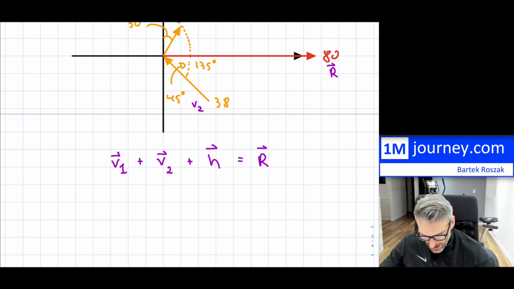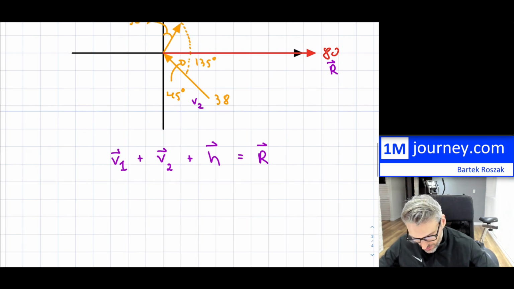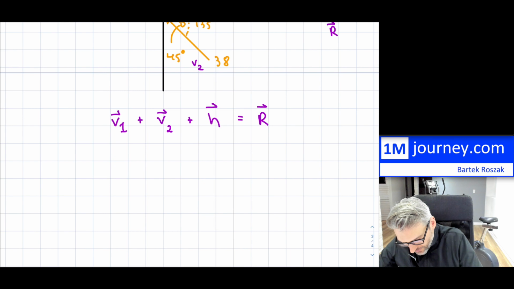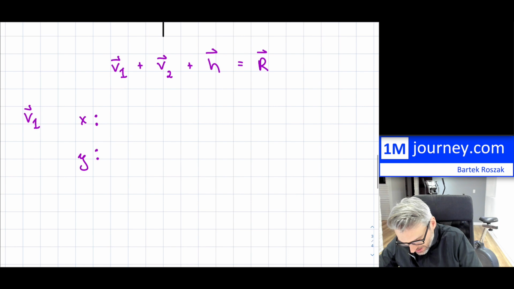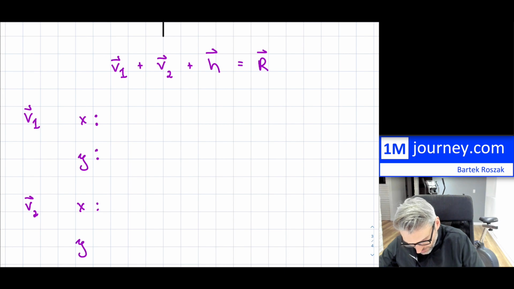So let's break this down completely. I'm going to break down V1 in terms of its x components, and in terms of its y components. I'm going to do the same thing with V2, breaking it down in terms of its x component and its y component.